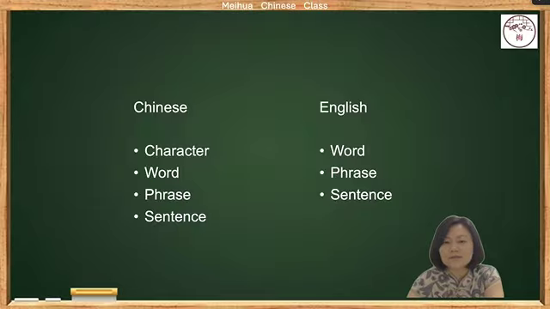Let's look at the elements in the English column. In English, we have a word, we have a phrase, and we have a sentence, but we don't have a character. Because in English, word is already the smallest unit of writing, right? The smallest unit which has meaning.